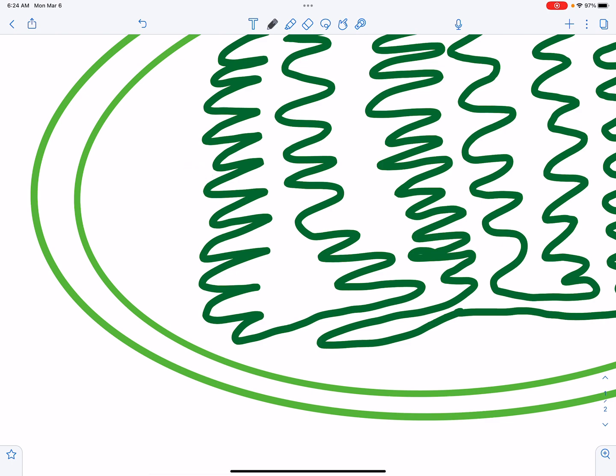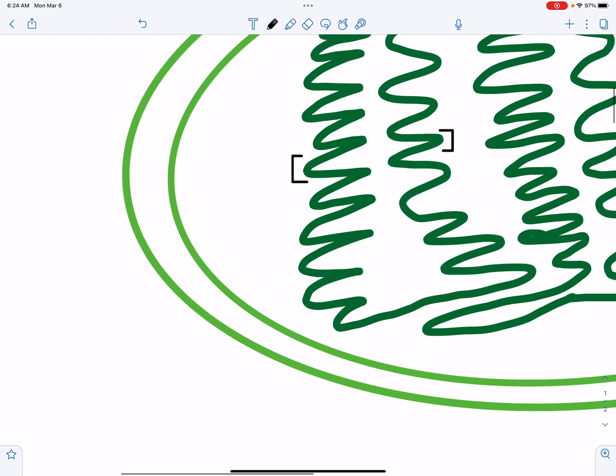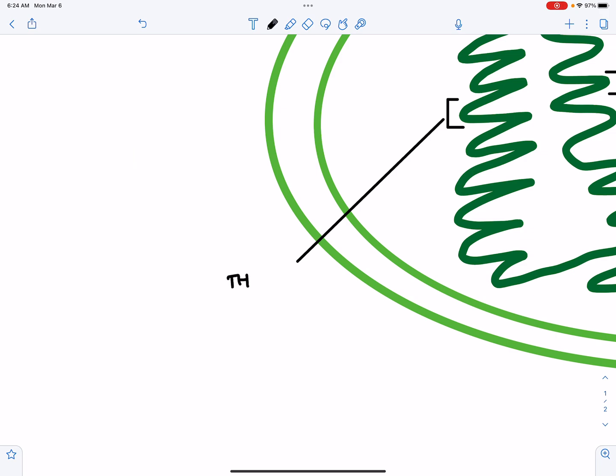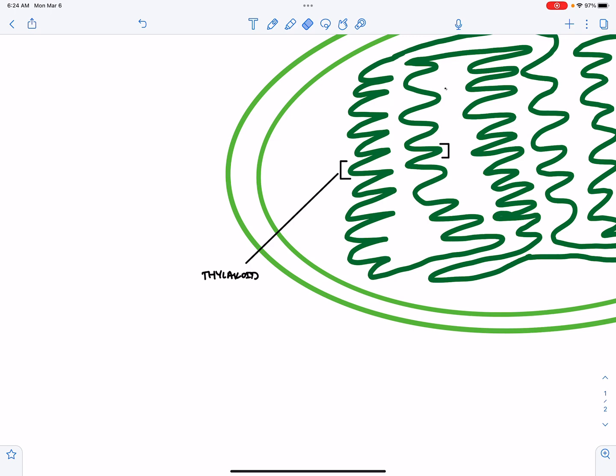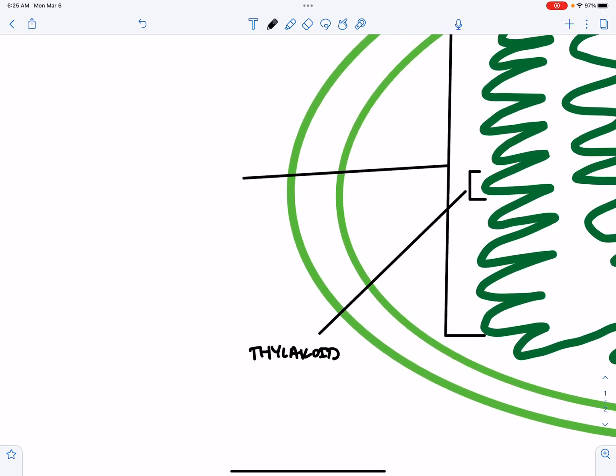One tiny little disc. So this is one disc here. This is called a thylakoid. And a stack of discs, all one on top of another, from here down to the bottom here, this is called a granum.